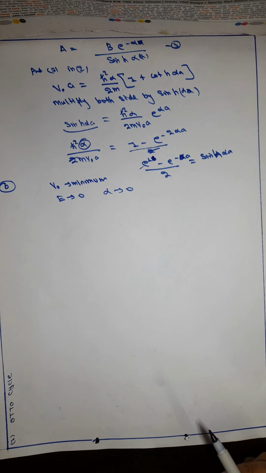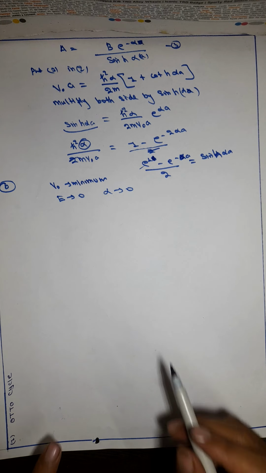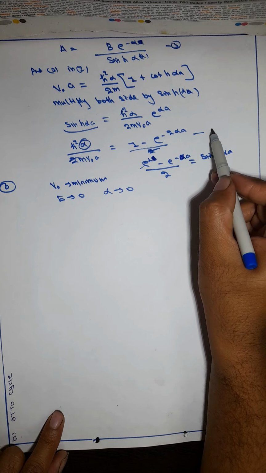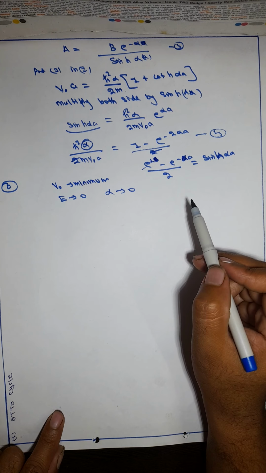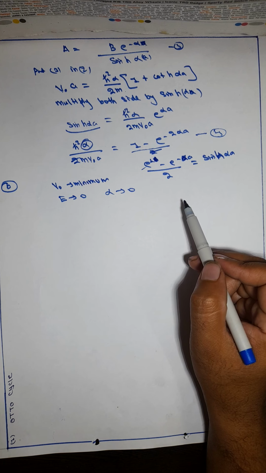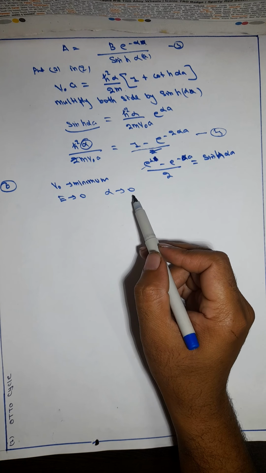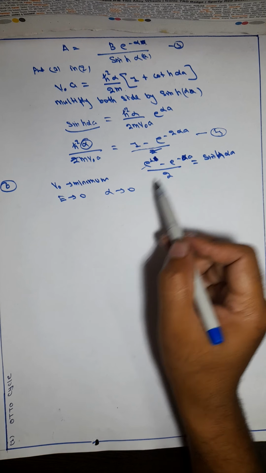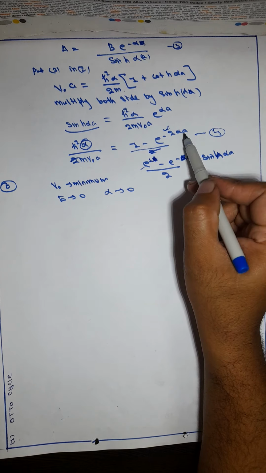So by easily looking at the equation, this one, we find the small value of alpha. So alpha goes to 0, we need to put here alpha goes to 0, this is 1.